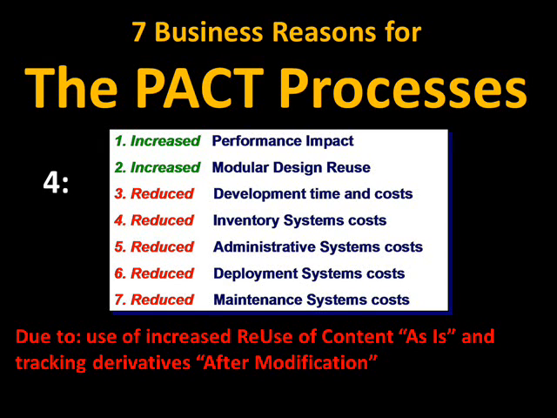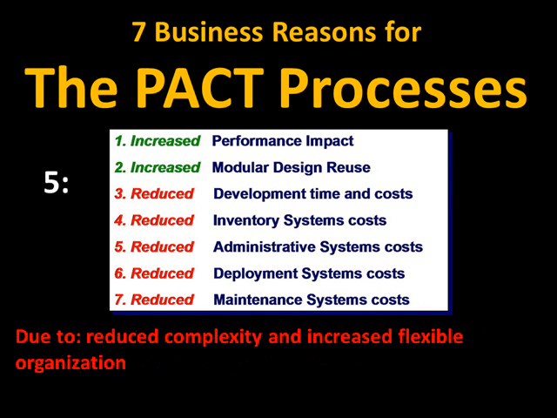You'll have less content in inventory, less redundant content, inadvertent redundant content. The fifth reason is to reduce the administrative costs, and that's due to the reduced complexity and increased flexible organization of all of your content using the 5-tier inventory structure, etc.